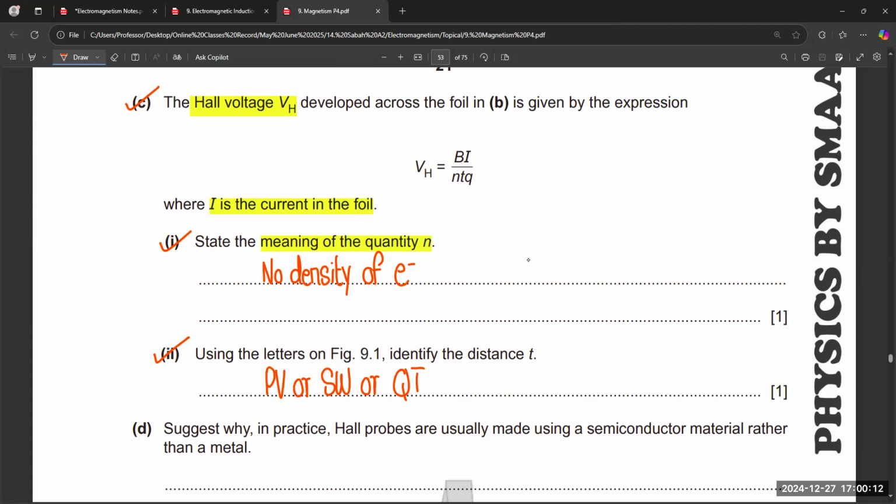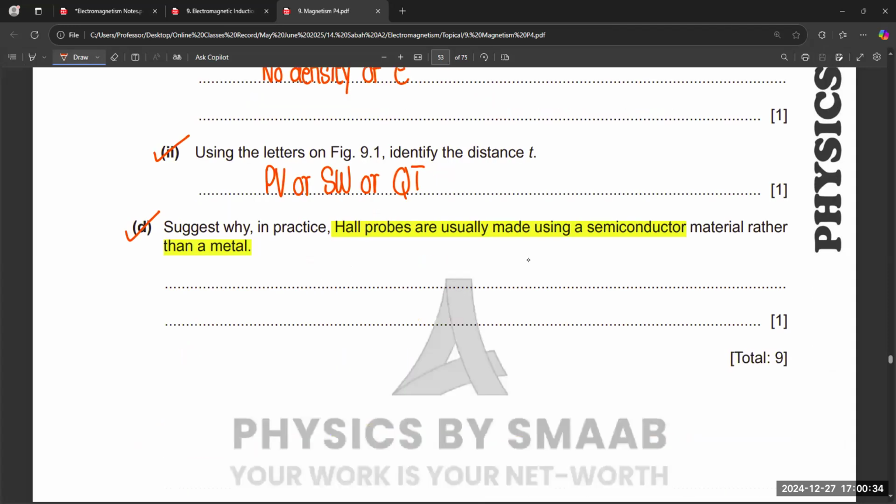Next, suggest why in practice Hall probes are usually made using a semiconductor material rather than a metal. We always use a Hall probe made of semiconductor. Why is this happening?